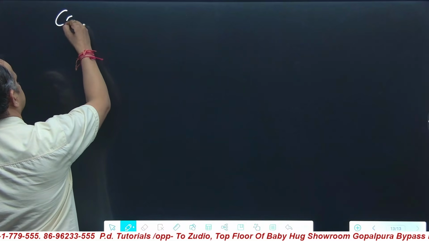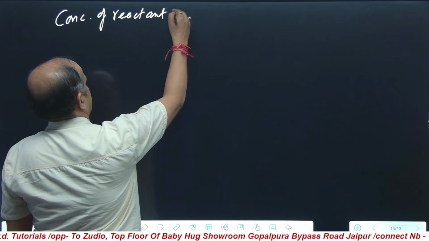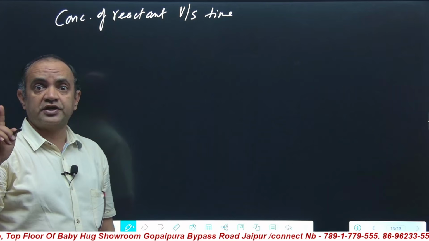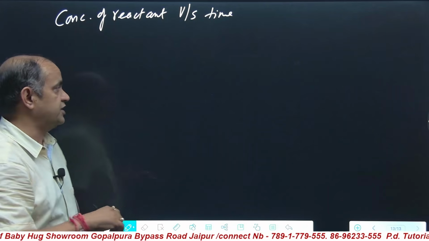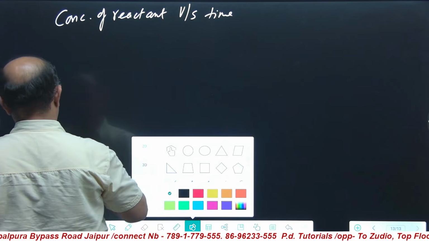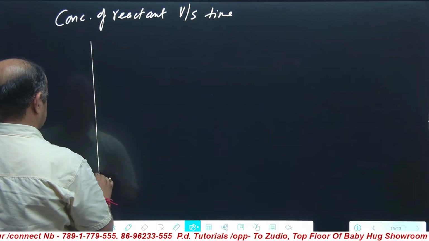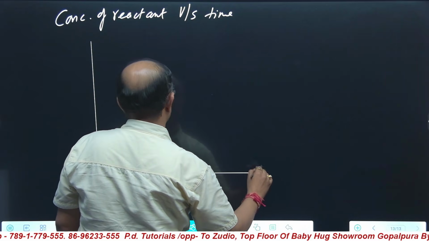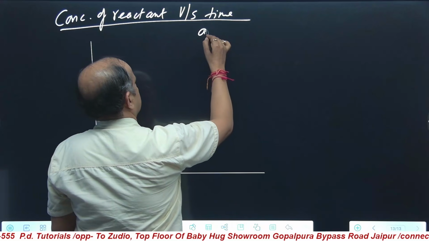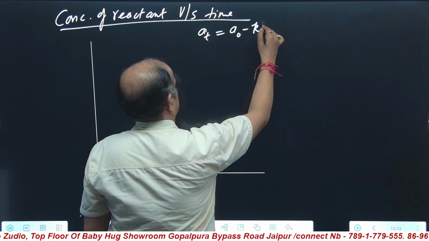Now, concentration of reactant versus time. On the passage of time, concentration of reactant increases or decreases? Decreases linearly. AT equals to A naught minus KT.